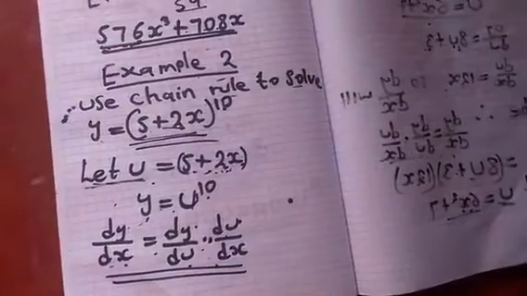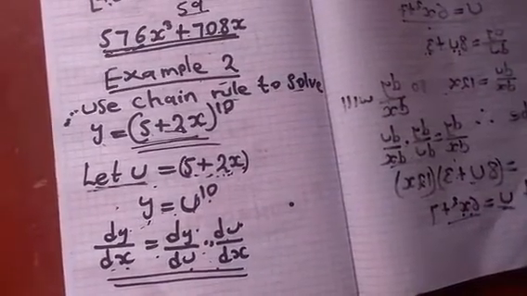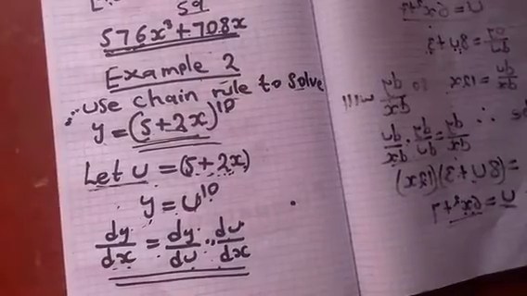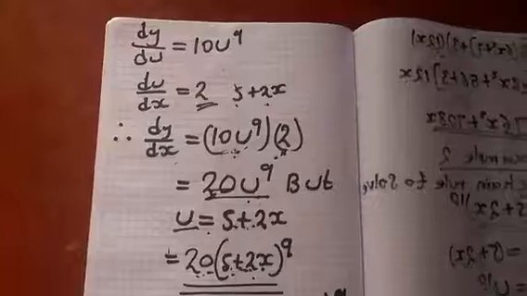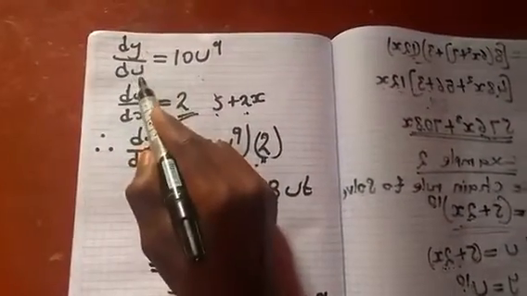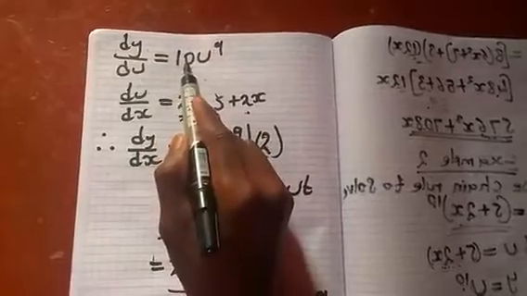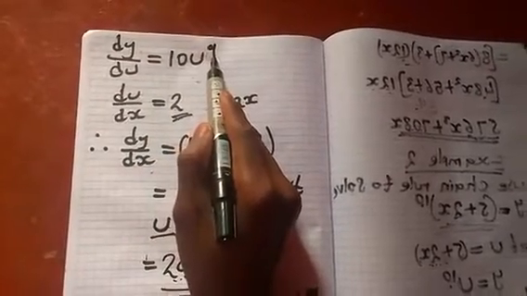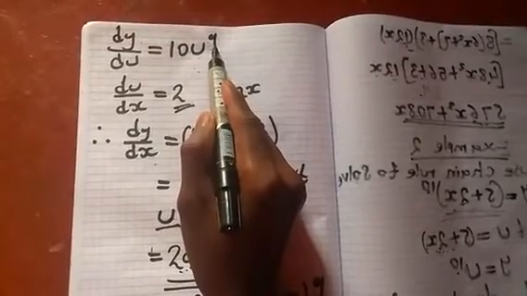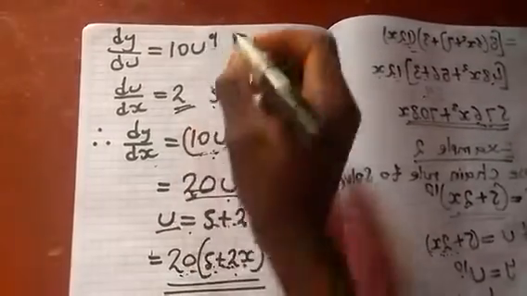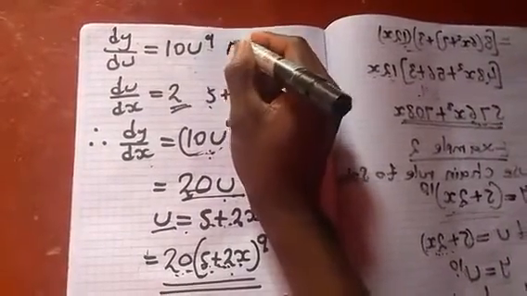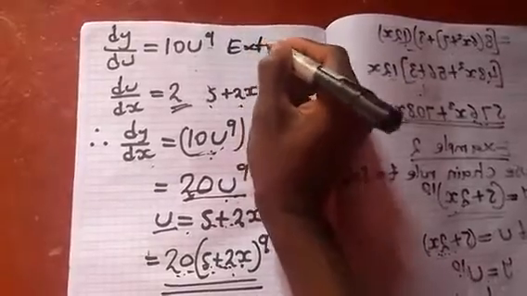So we want to find the derivative of that equation and multiply by the derivative of u with respect to x. Here dy over du is equal to 10u power 9, as we find the derivative of u power 10. This is the external function.